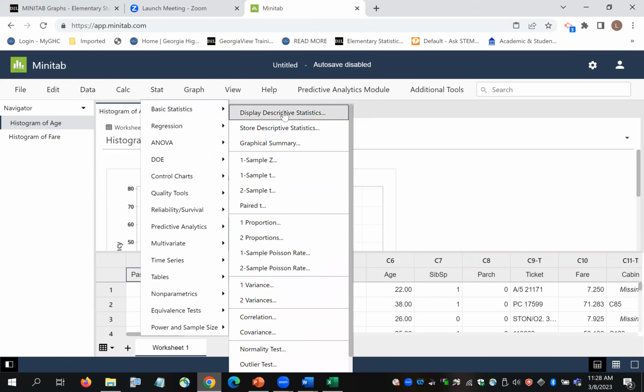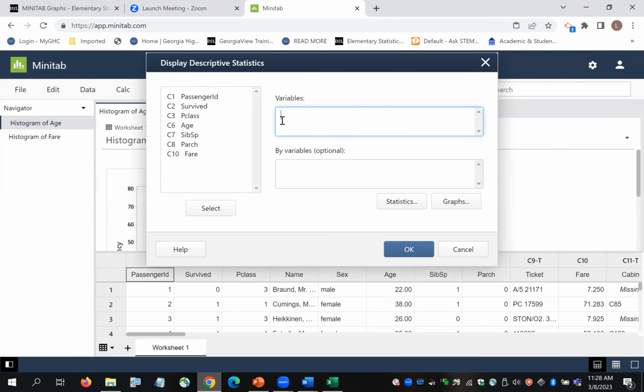Oops, I didn't click it. Okay. Then I have to tell Minitab what column or what data to calculate with. We're doing age. So I'm going to go over here to this left-hand column, put my mouse on age, and double click. It automatically pops the word age into my variable list.